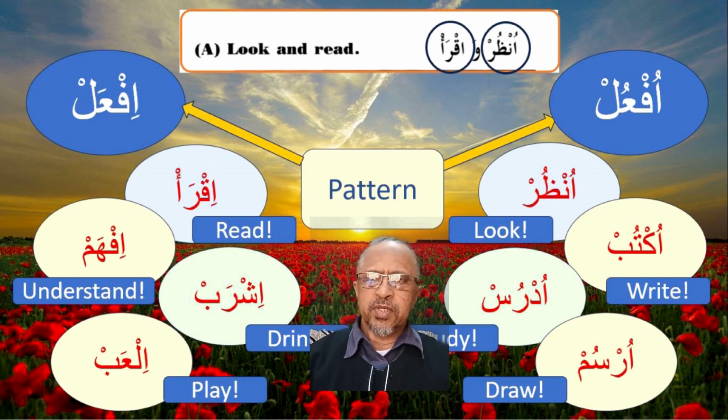But remember, if anything precedes the verb, if I say and look, then the u will fall away. Then it becomes wandur. If I say read and write, I will say iqra, waktub. So the u will fall away.